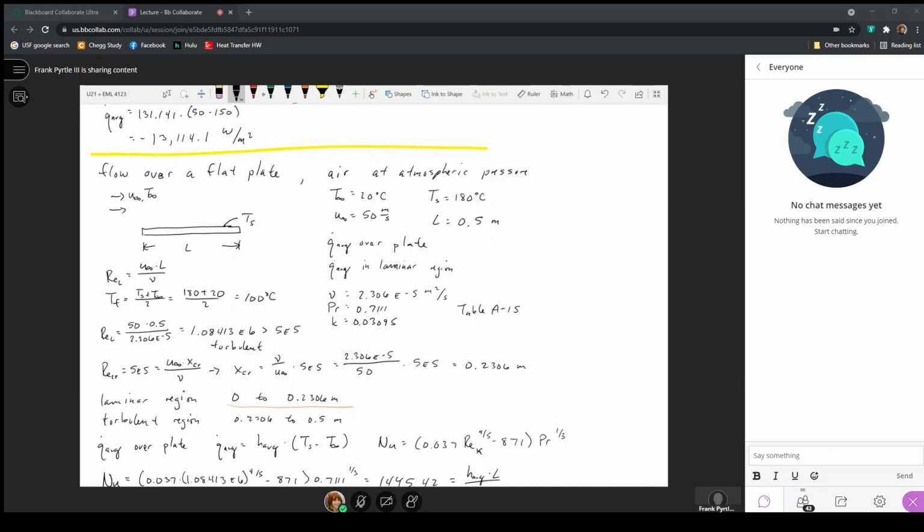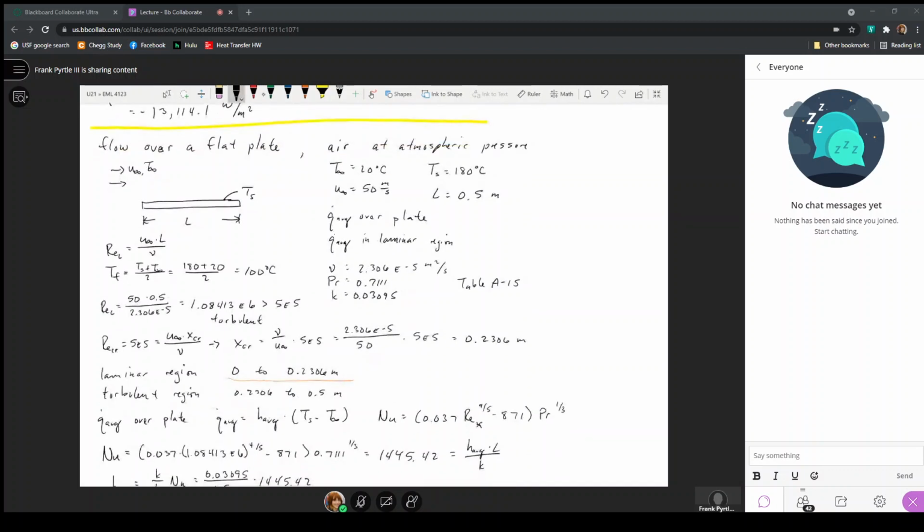So we've found that position along this plate that was 0.5 meters long, that the transition would occur at 23 centimeters here. So it just says that the laminar region extends from x equals 0 to 23 centimeters, and then the turbulent region from that same position to the trailing edge at 50 centimeters.